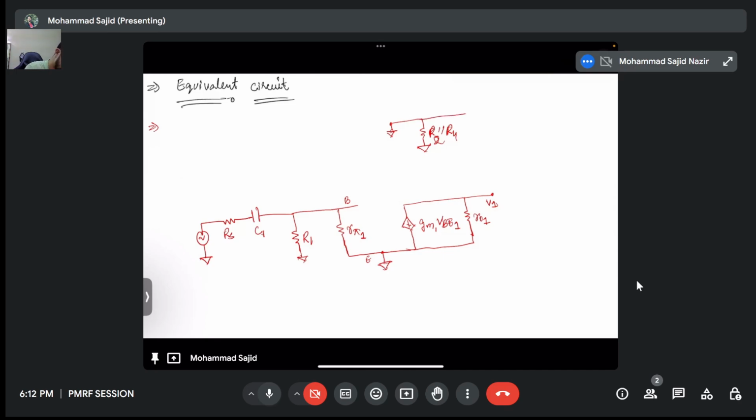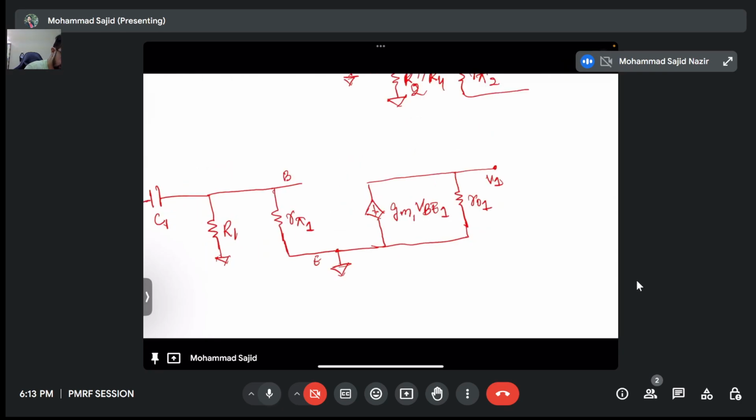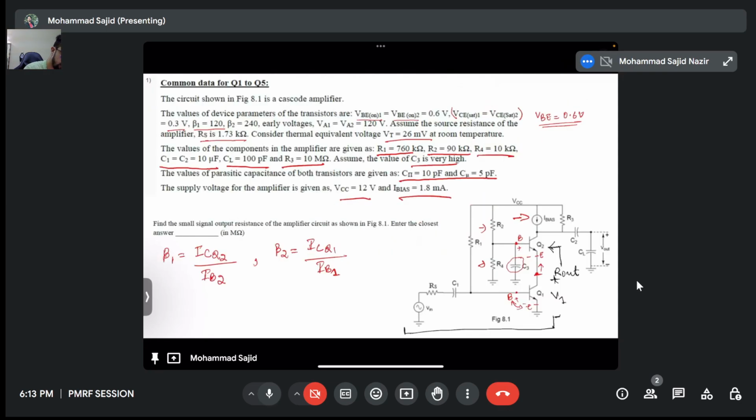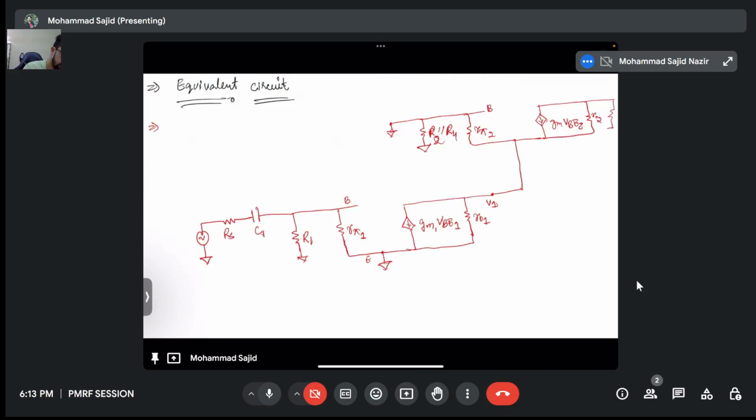And then we will have its intrinsic resistance of R by 2, its emitter, which is connected to the node V1. Then we will have simple circuit of, let's call this as B. So we will have B equal R not 2. Okay. And then we will have finally a load resistance of R3. And this node is V out.